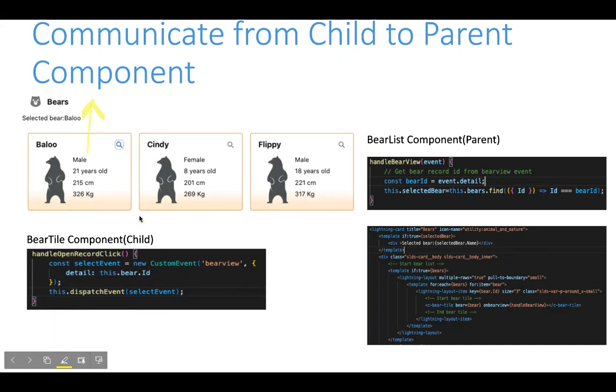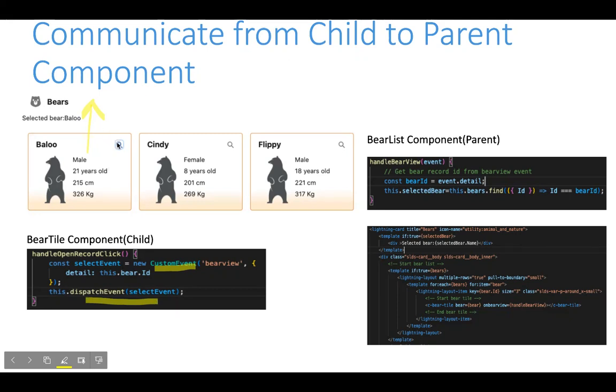When we want to pass data from child to parent, we have to use a custom event. To create a custom event, we can use the custom event constructor. After creating it, we have to dispatch it from that component itself.